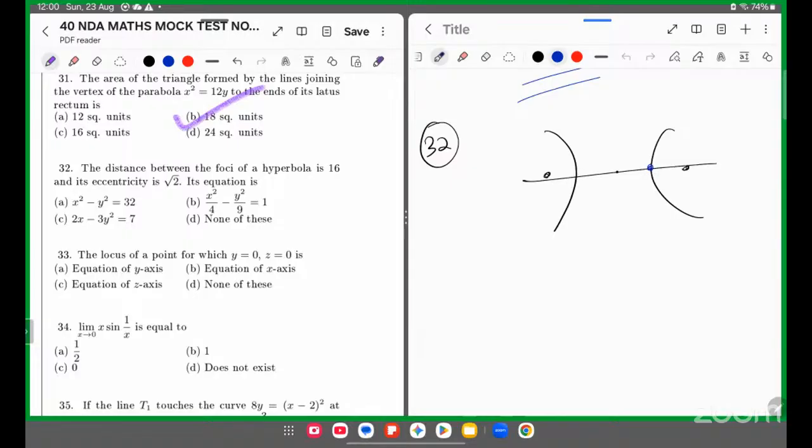E is given as root 2. The distance between the foci is equal to 16, is given.